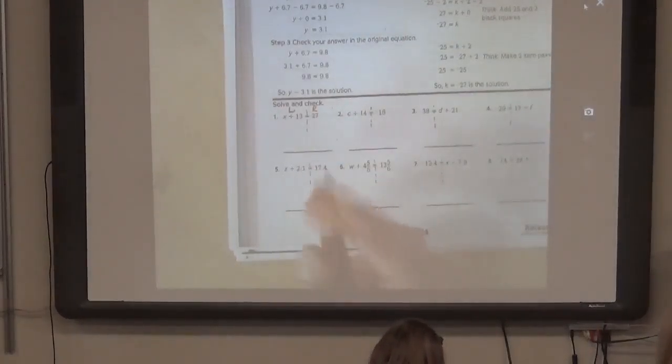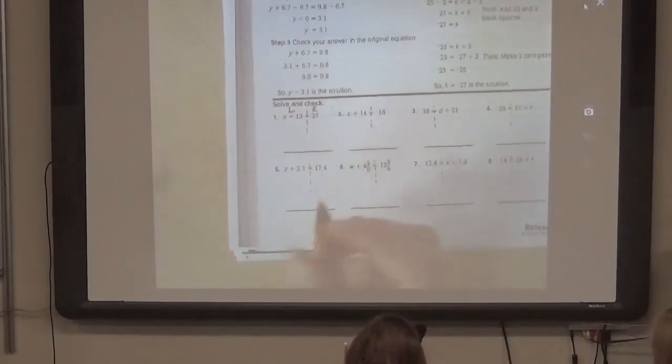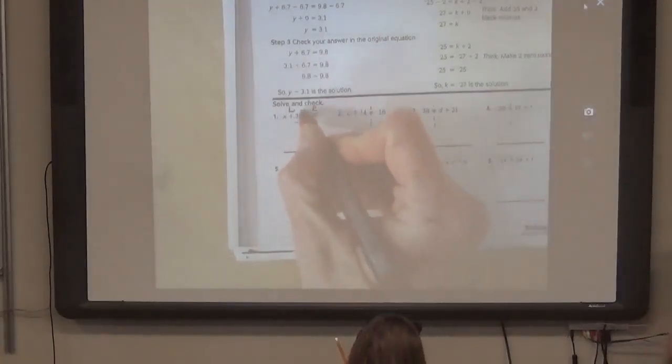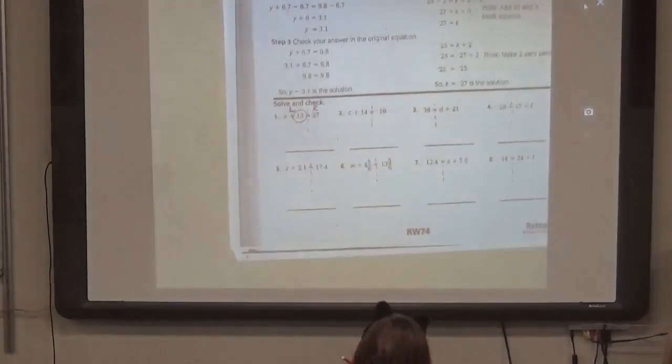Which side is that? Lindsay. Left side or right side? Start on the left side. We have to get rid of the 13. That's the first step in solving that. How do you get rid of the 13? Brett?